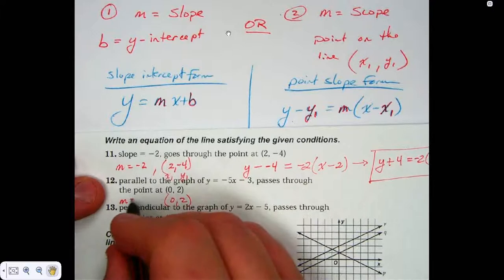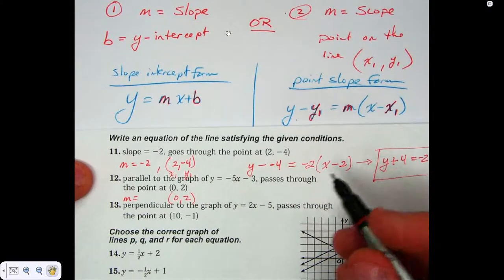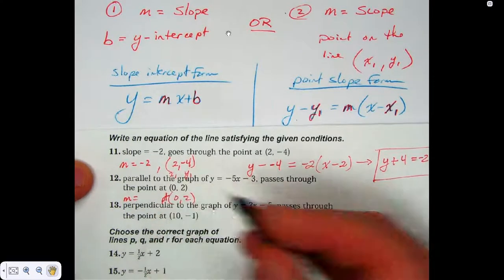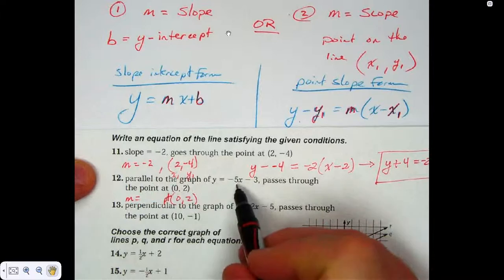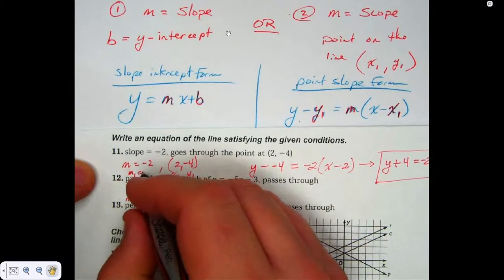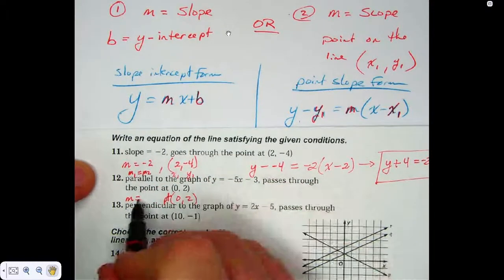The only thing you need to use point slope form is the slope. They gave you a point, you just need the slope. Now, they said it's parallel to this line. What do we know about parallel lines? Their slopes are equal. So whatever the slope of this line is, that's the slope of our line.